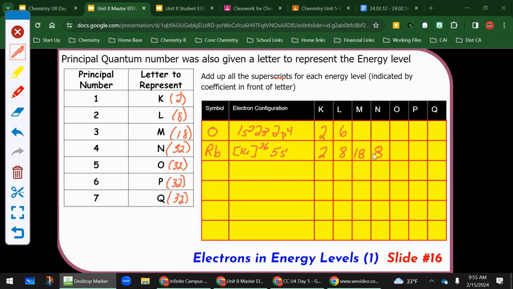No, I did. 2, 8, 18, 8. How many is this? 36. Same as this number right here. So that must mean that these accounted for all of these, right? So where does this one go? In the O. You can use a noble gas core, absolutely.